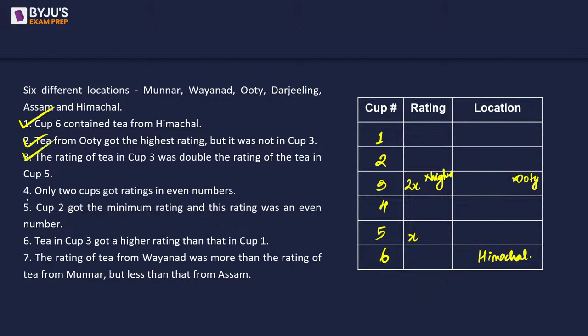Fourth one, only 2 cups got ratings in even numbers. Out of which one is this 2X already. This is already even. There is one more number which is going to be even. It may be this X or it may be some other number. Okay. Cup 2 got the minimum rating and this rating was an even number.